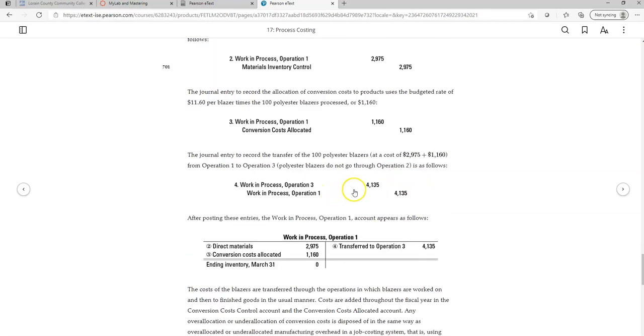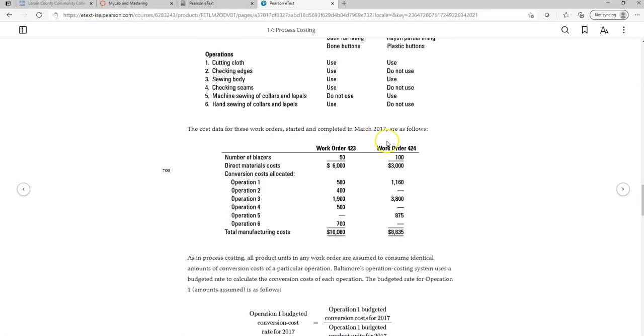Then we're going to record the transfer of the polyester blazers from operation 1 to operation 3. Again, why are we not sending it to 2? Because we do not use operation 2 up here. So we would be foolish to transfer those costs to an operation that we're not even going to use. So I'm specifically bypassing operation 2, and any operation that I don't use, I'm going to bypass.